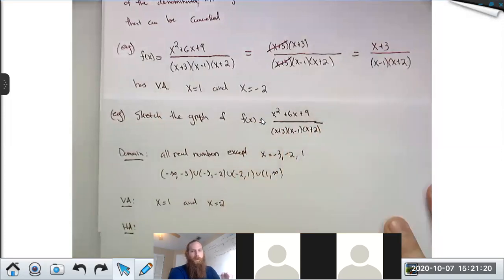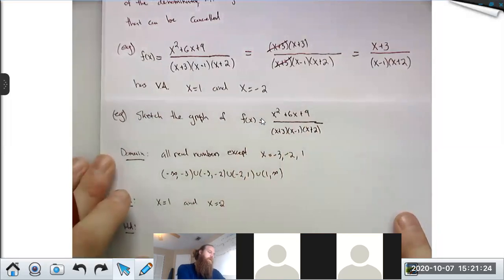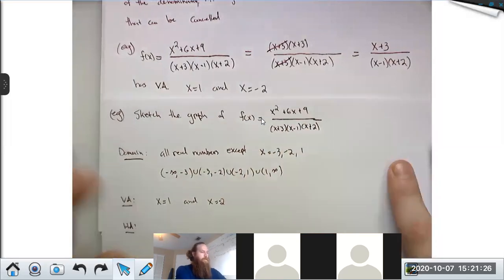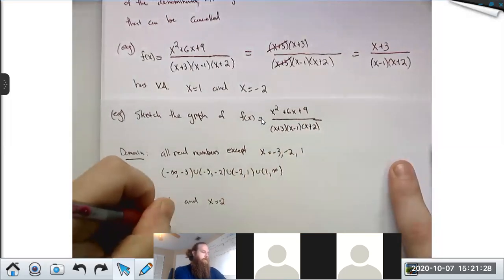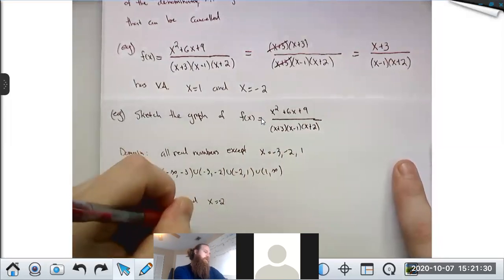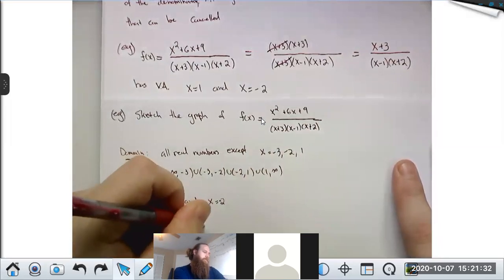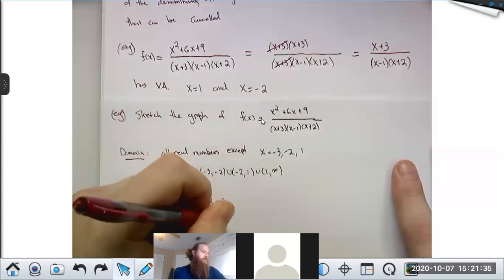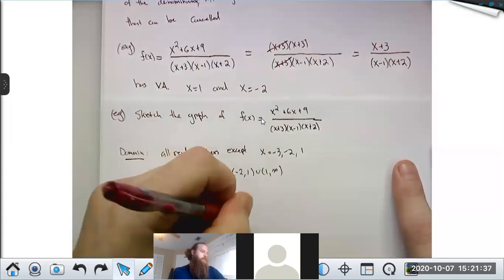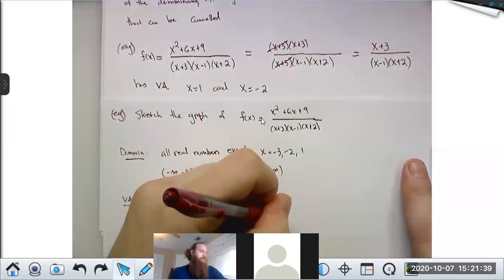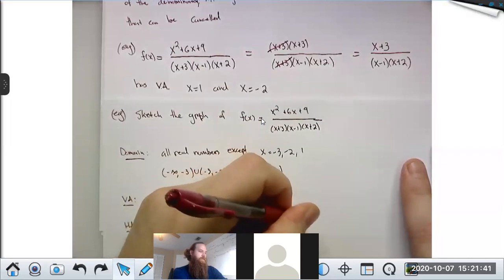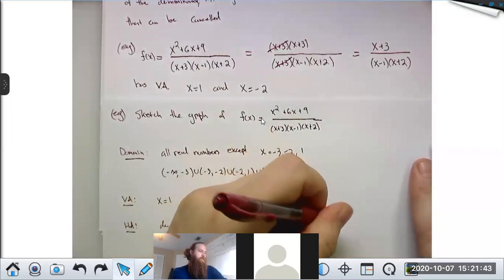Either way, the degree of the bottom is bigger than the degree of the top. So y equals 0 is the HA.